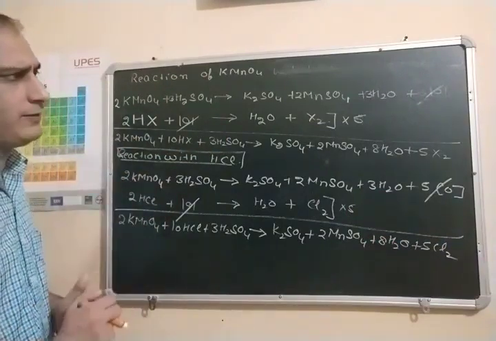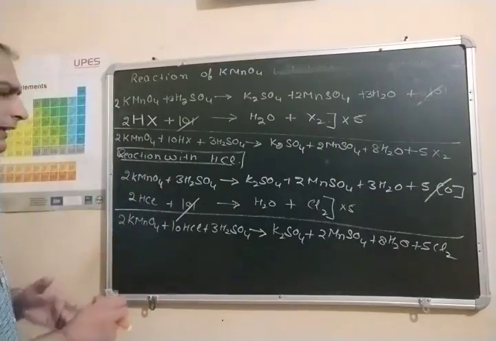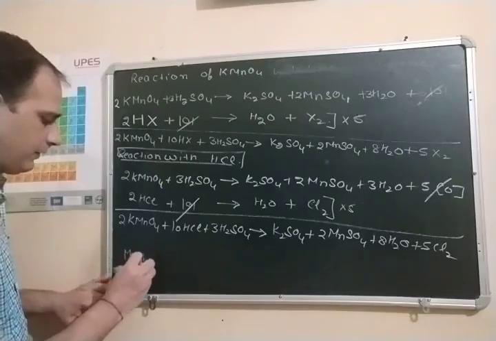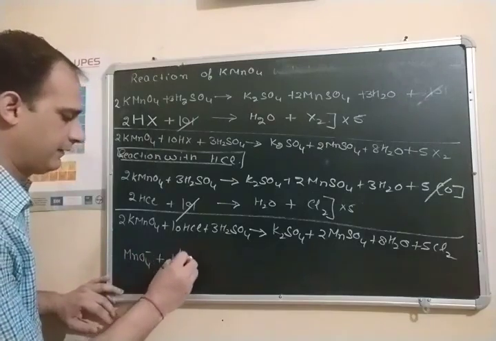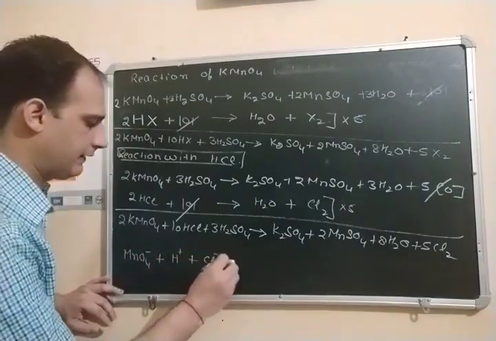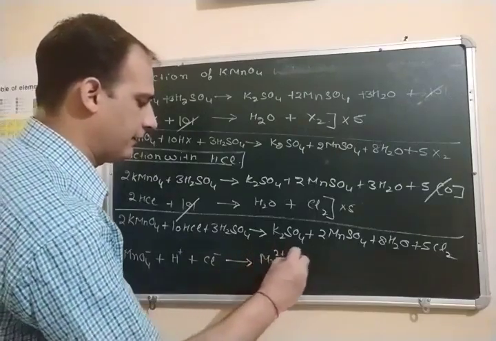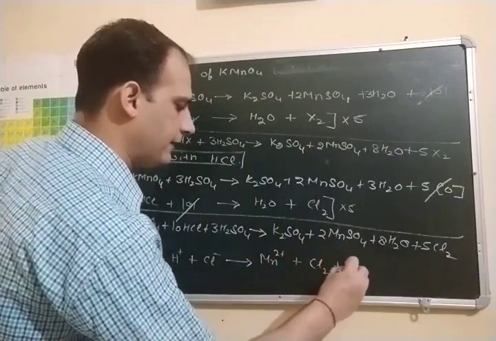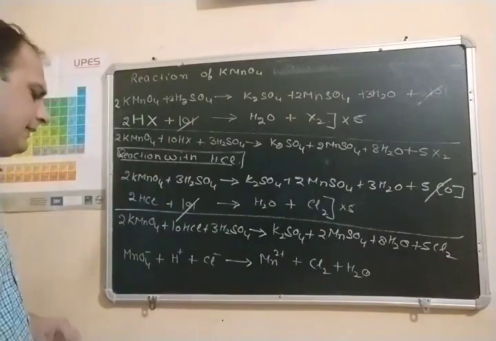Now if I want to write the ionic equation, I can write it. In the ionic equation, what will happen? MnO4 negative plus H positive plus Cl negative will form Mn2 positive plus Cl2 plus H2O, and you can balance the equation easily.